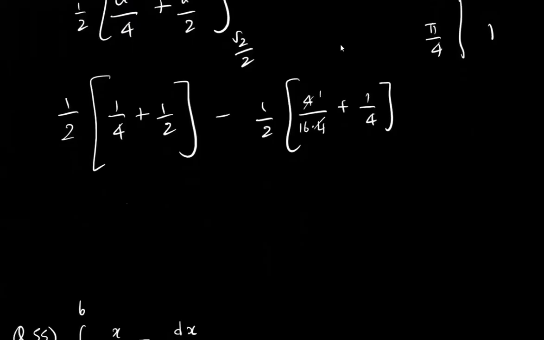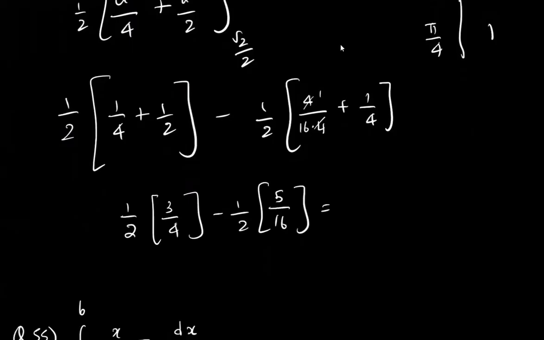So what I have here is 3/4, and 1/16 plus 1/4, so 4/16, 5/16. So basically what I have is 3/8 minus 5 over 32, which is, this is 4, so 12. 12 minus 5 is 7 over 32.